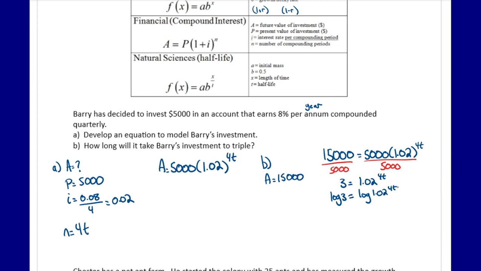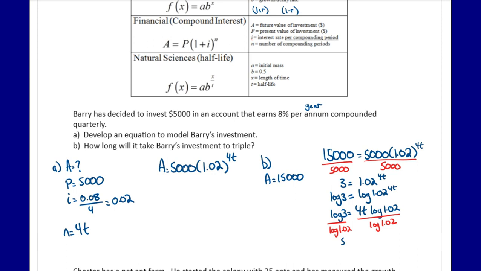Use the exponent rule to get rid of the exponent on the right side. So log 3 equals 4t log 1.02. And now I'm going to start isolating for t. I'm going to divide this side by log 1.02, and divide the other side by log 1.02 as well.